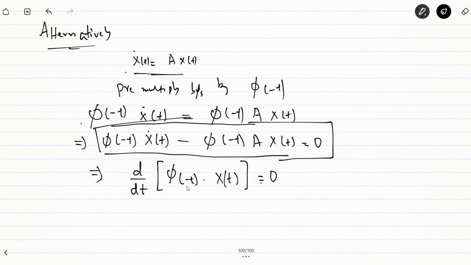Now what we'll do to find out x of t, let us say we integrate this on both sides, from 0 to t.